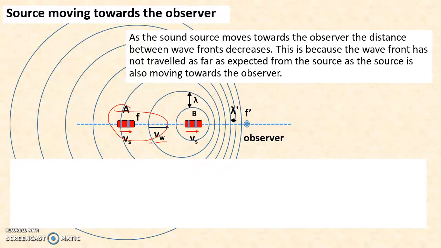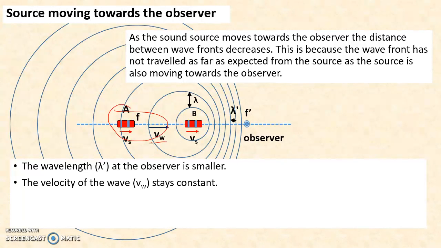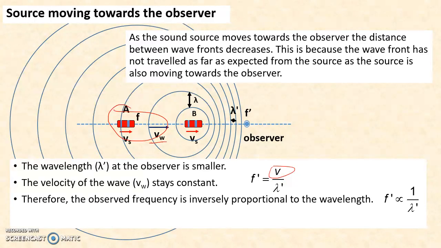If the observer sees a decreased wavelength, and the velocity of the wave stays constant, as we've talked about, we can use this equation: the frequency equals the velocity over the wavelength. This is the wave equation. Since the velocity stays constant, we can produce a proportionality statement: the frequency is inversely proportional to the wavelength. In this case, the wavelength is smaller to the observer.